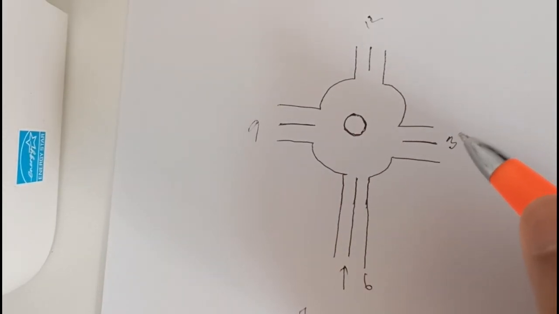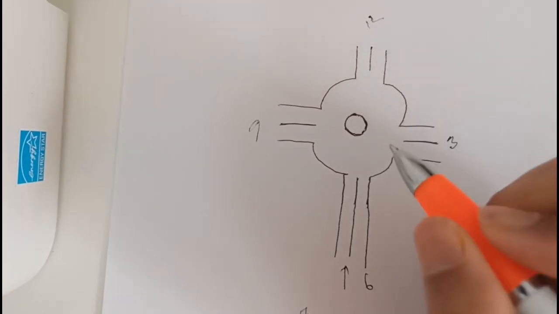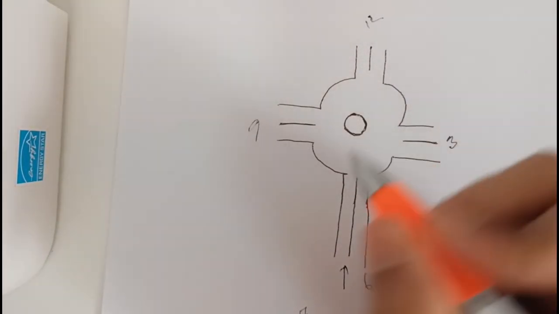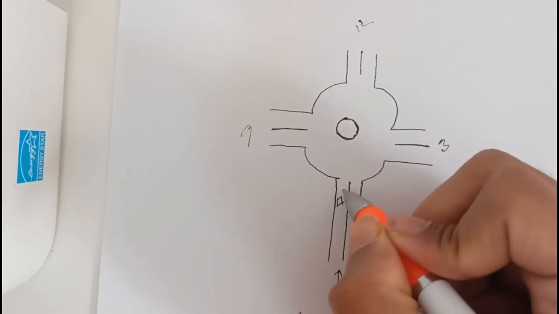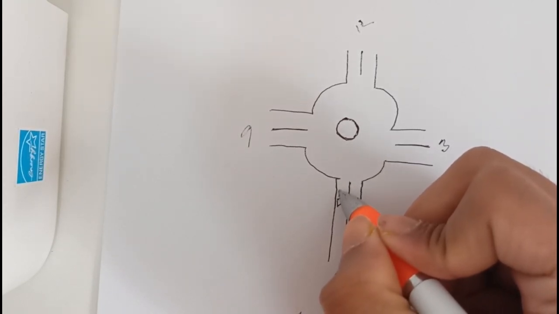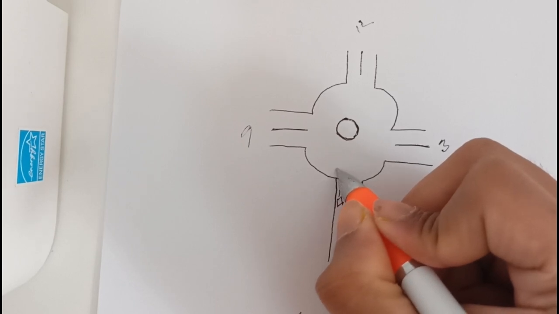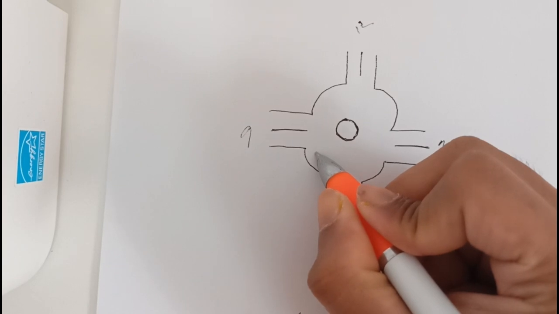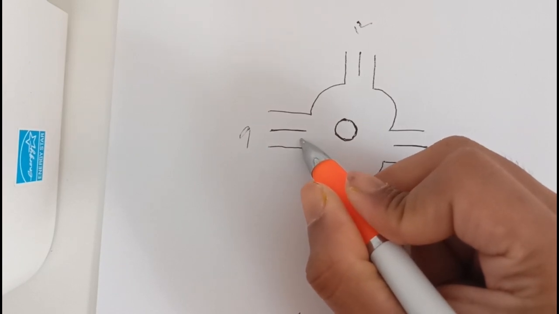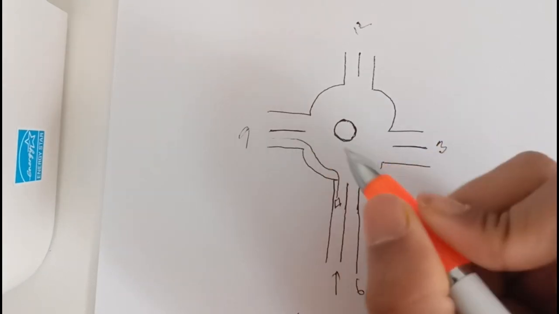For example, if you need to go to the first exit, this is simple. If this is your vehicle, just go ahead, then turn the signal left, then go, then first exit.